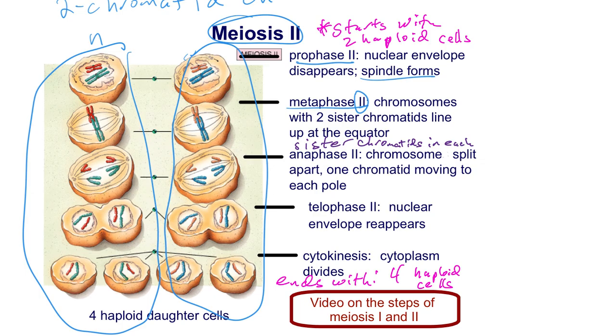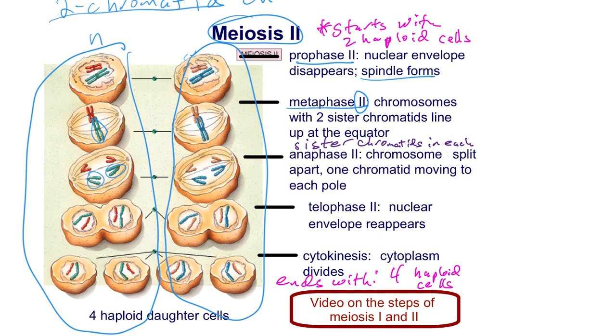In anaphase 2, each 2-chromatid chromosome will split into 1-chromatid chromosomes. You can see the X breaking up into 2 chromatids. Anaphase is the stage where they're separating and moving to opposite sides of the cell.